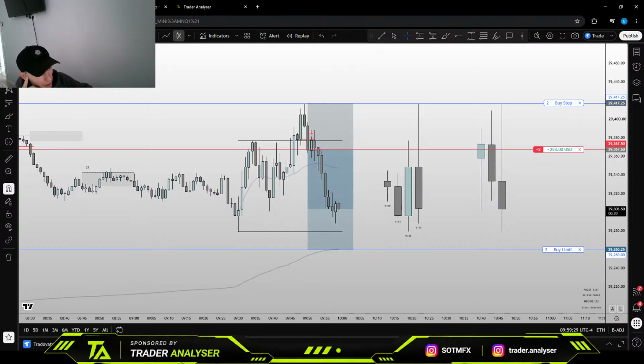So 30 seconds left until the 1 hour candle closure and the new 1 hour candle open. Looks like price continues pushing lower, at least to the opening range low, right? And my target is the overnight VWAP because that's the closest key level. We'll see how price reacts at the opening range low, right?